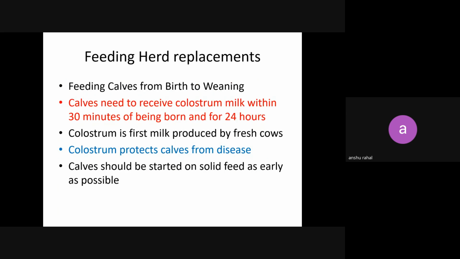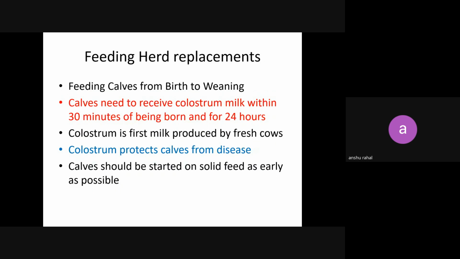For feeding the herd replacement, when the animal is shifting from calf to youngling stage, the calves need to be given colostrum milk soon after birth. Because it is laxative in nature, it helps in protecting the animal from various deficiencies, and moreover it helps in preventing digestive problems, because it helps in excretion of the meconium, which is the first feces.